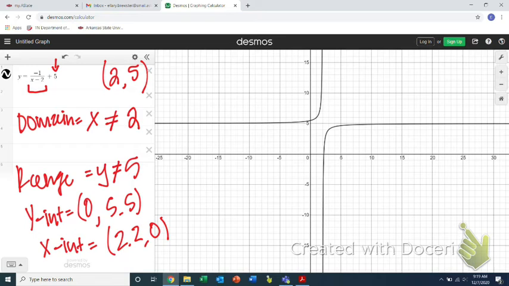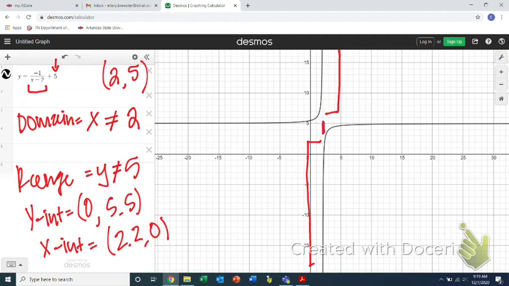Now, increasing. First of all, is it increasing? Yeah, it's increasing from here to here, and then it's increasing from here to here. But think about the vertical asymptote. It does not touch this 2.